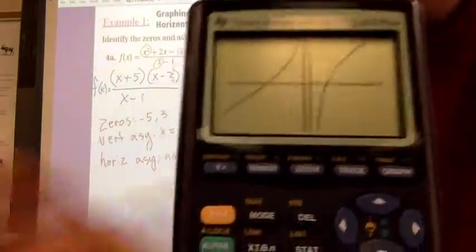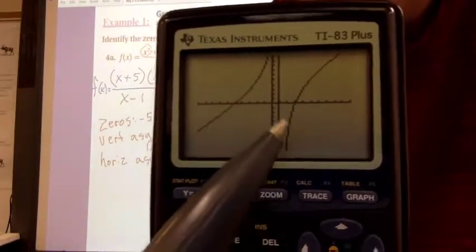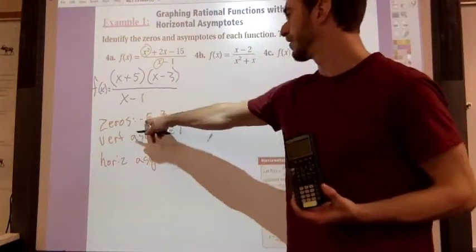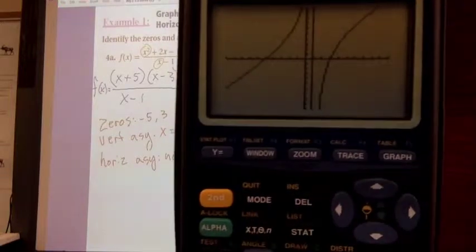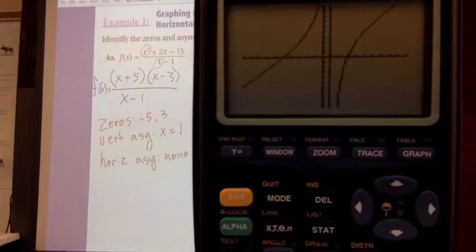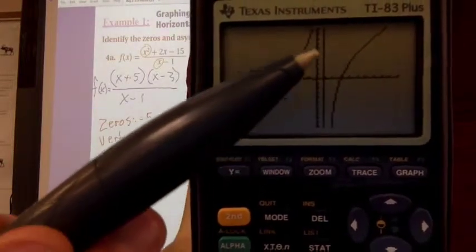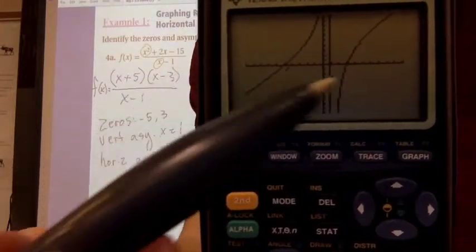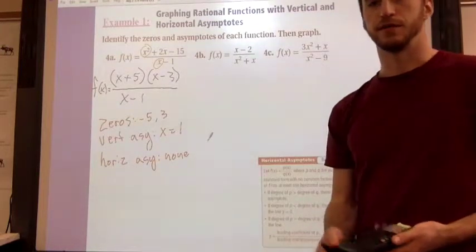That's where the graph crosses the x-axis right here and right here. And we said that it's at negative 5 and 3. So as you can see, we got that right. Then it looks like we have a vertical asymptote right here. Vertical asymptote at x equals 1, and we do not have a horizontal asymptote. So it checks out. Good job.